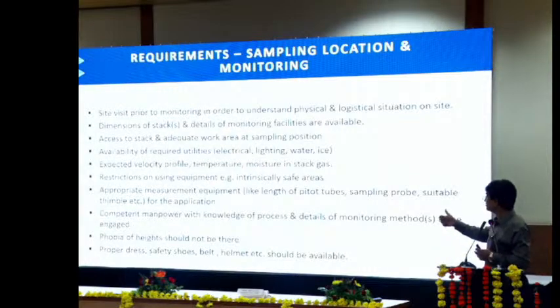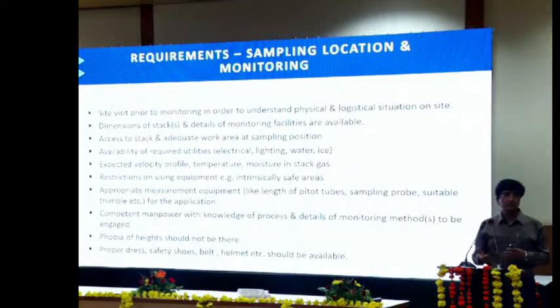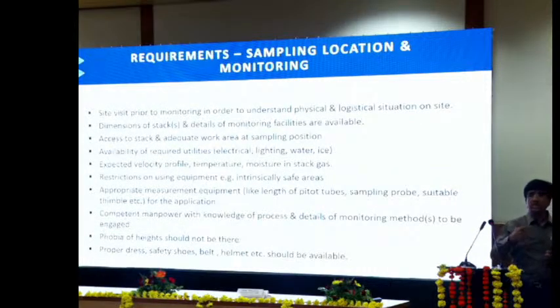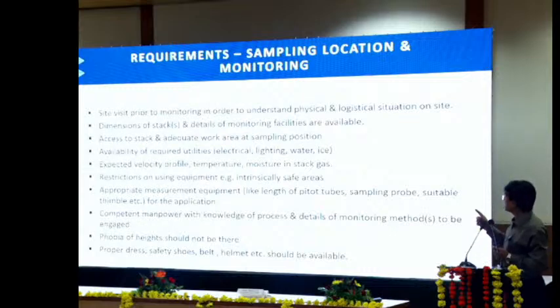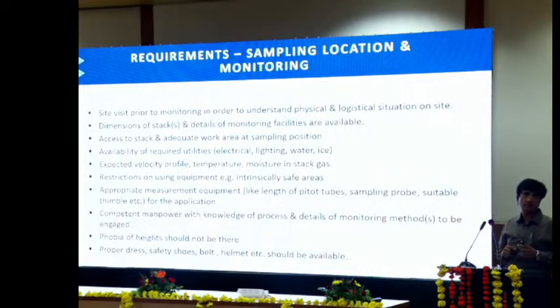So the idea of making these things available with you is that the person who is actually going for the monitoring should be able to take care of these requirements, should know why I am doing it, and what are the areas which are probably not done properly. Otherwise you will not be able to do full justice. So try to see and ensure that you are able to train your manpower also.